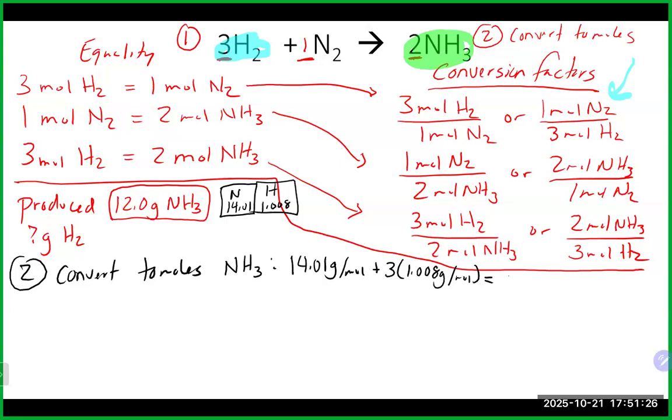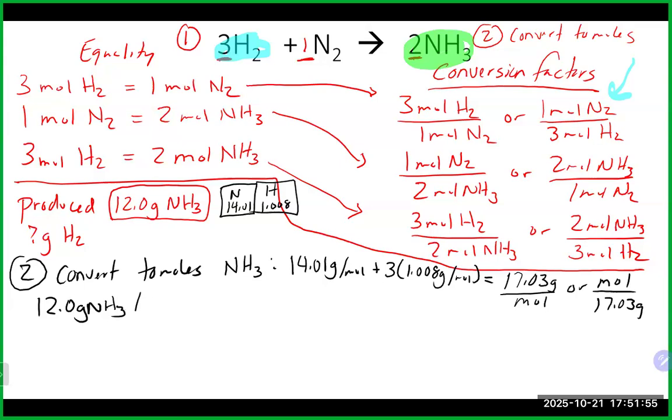So we have 17.03 grams per mole. Remember that we can use molar mass as a conversion factor, with grams on top and moles on the bottom. But with a dimensional analysis approach, we can flip it around and use it in the opposite direction as well. We start with our 12 grams of NH3.